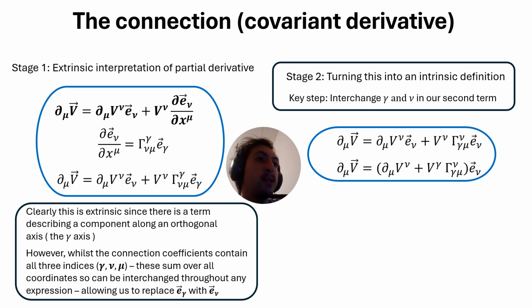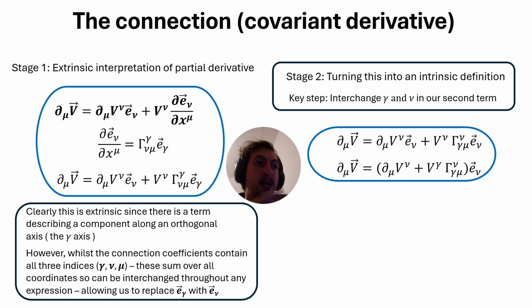So this is saying that the partial derivative of our vector field is now given by this, but along the direction that the vector was pointing.